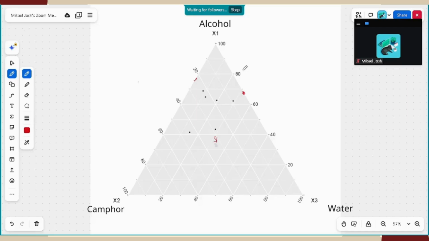Then next is 8.47% of water. This is 20, 10, so around here is 8%. Then same procedure, just draw a line.